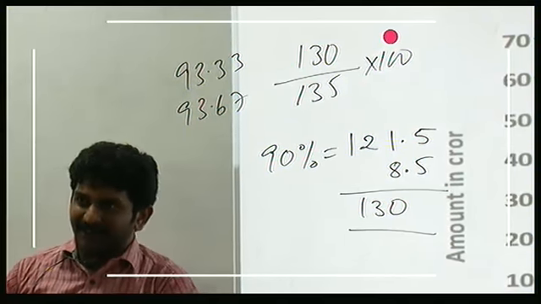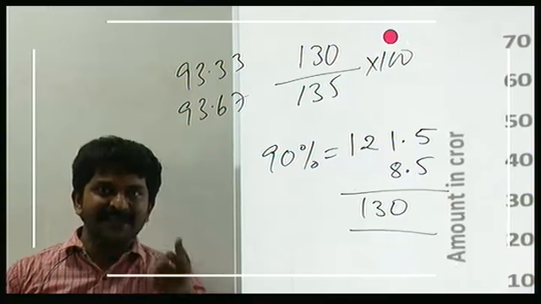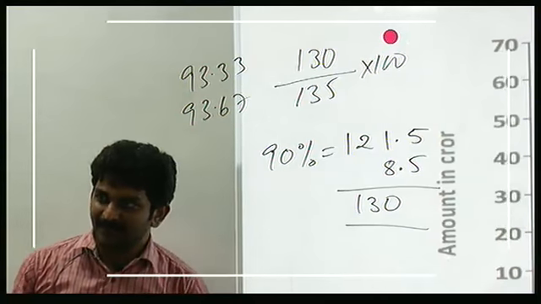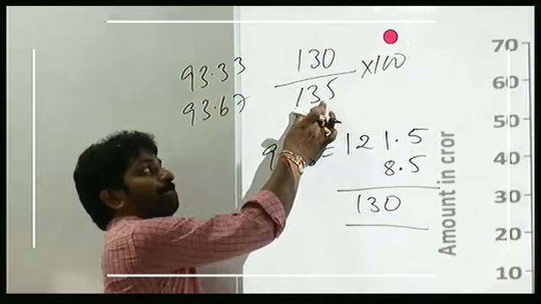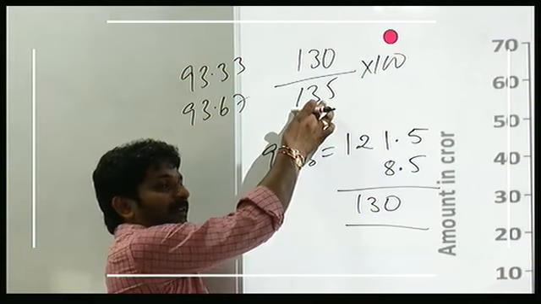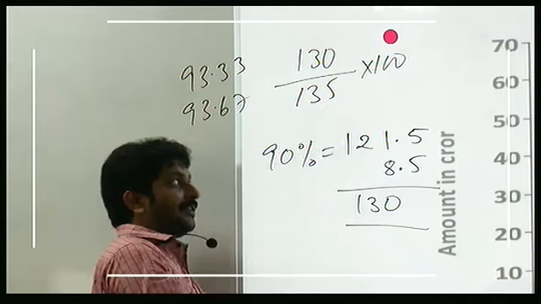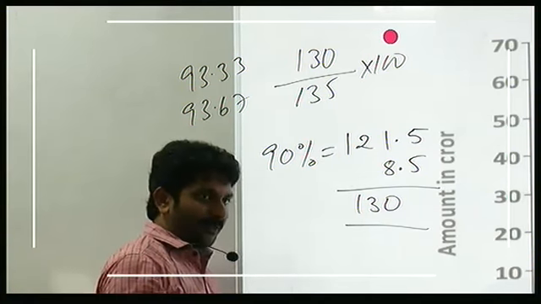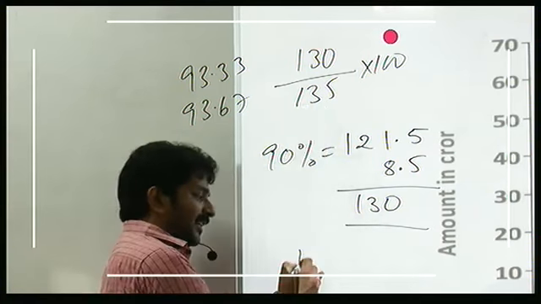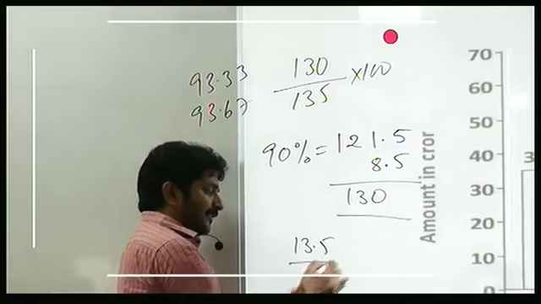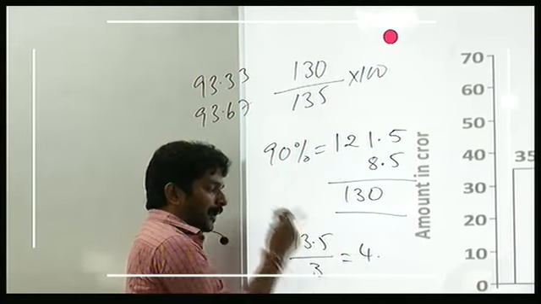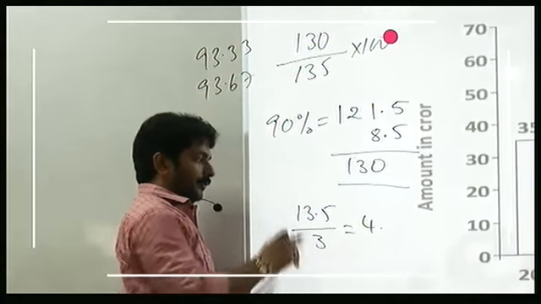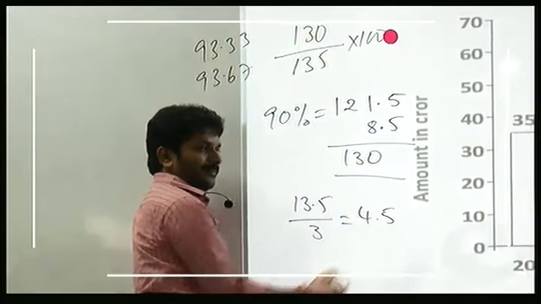3.33 is 3 1/3, right? 3 1/3 in the sense 10% divided by 3. What is 10%? 13.5. Divided by 3, will that be equal to 8.5? No. 10% is 13.5. 1/3 of this number is 4.5.